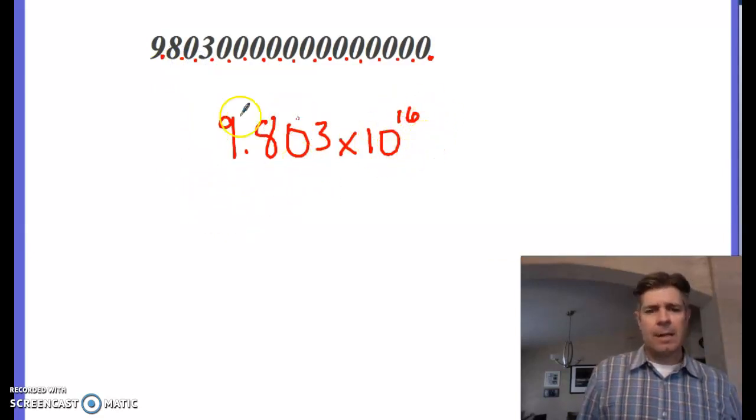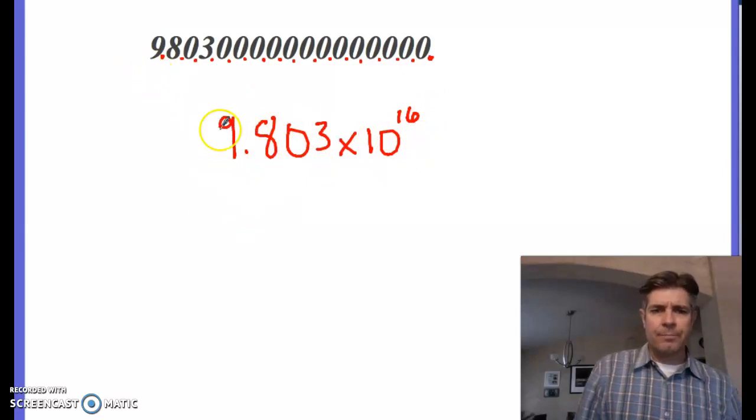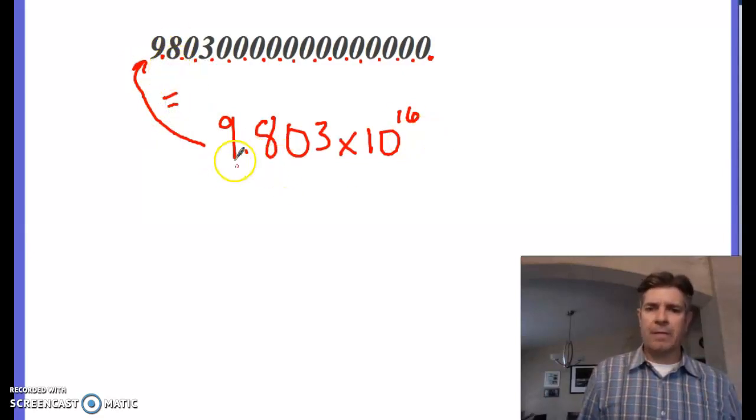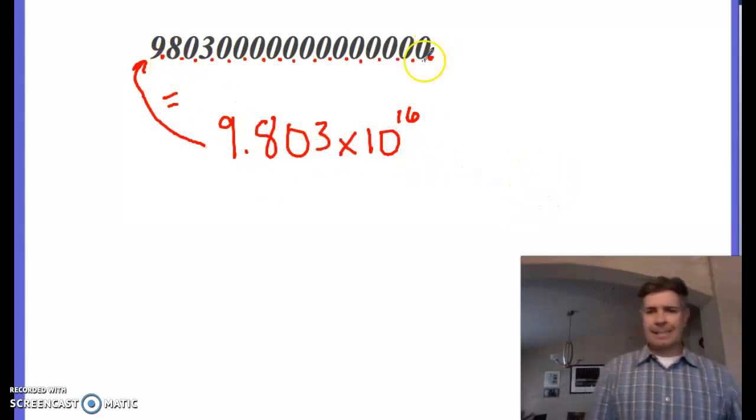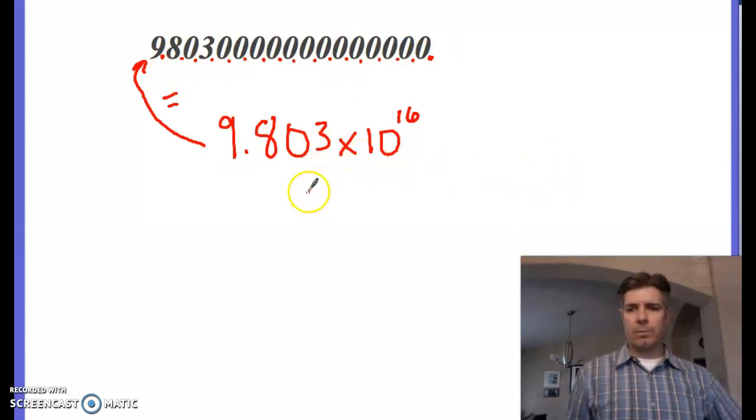And so you can think about how would I make this number equal to this original number, right? It has to be equal to this original number. I would do that because every time you multiply by 10, it moves the decimal 1 place. So I'm multiplying it 16 times, making these numbers equal. So that's for large numbers.